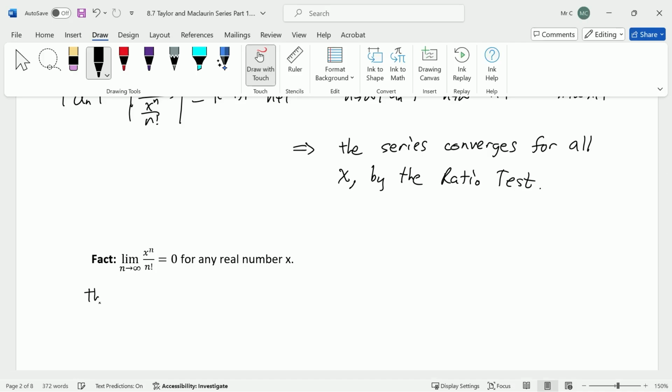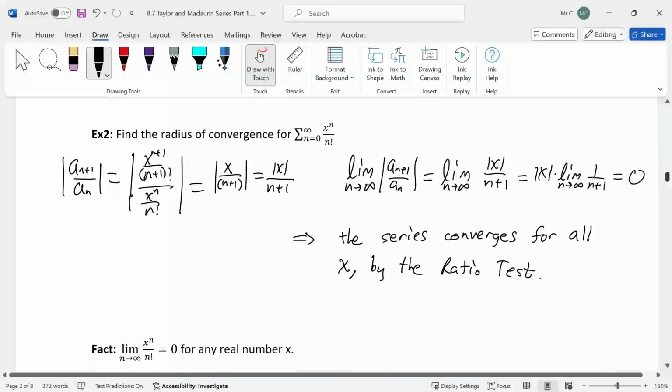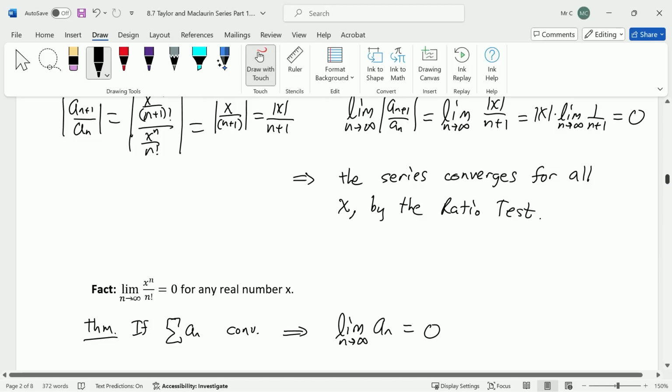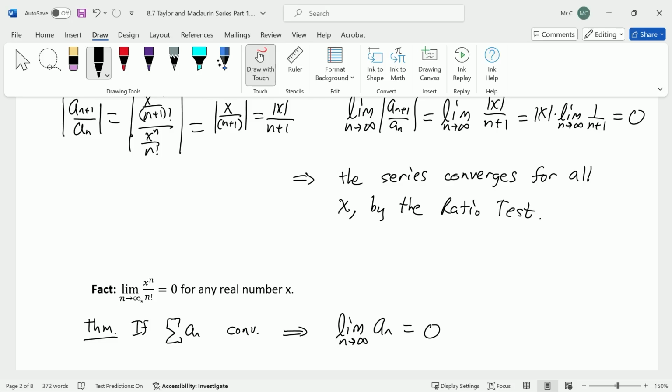So remember, we have a theorem that says that if the sum of a sub n converges, that implies that the terms went to 0. And so since we know that the sum of x to the n over n factorial converges, we also know the limit as n goes to infinity of x to the n over n factorial is 0.